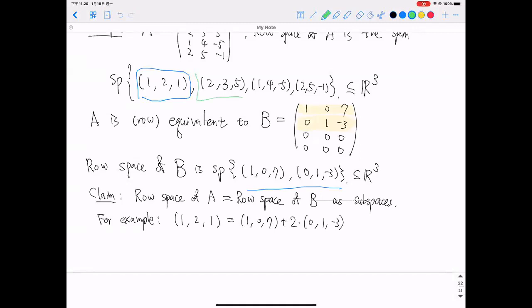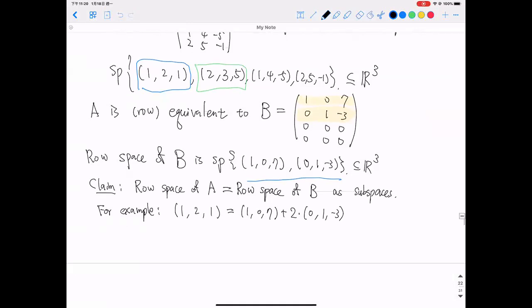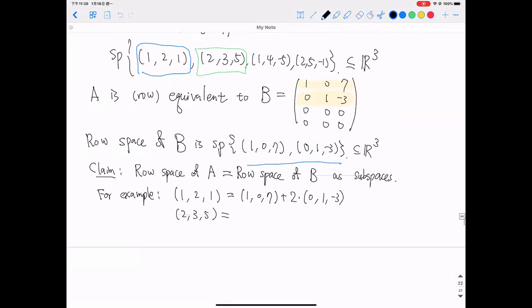You can also try the next vector, 2, 3, 5. It is in the row space of A, so it should also be in the row space of B if these two are the same spaces. That means 2, 3, 5 should be a linear combination of these two vectors.